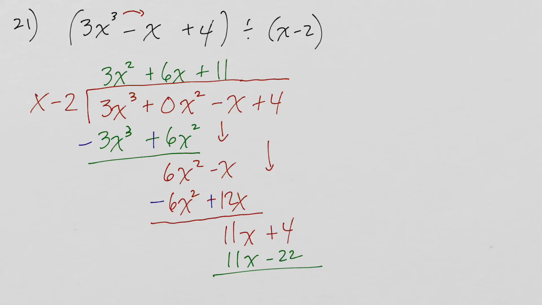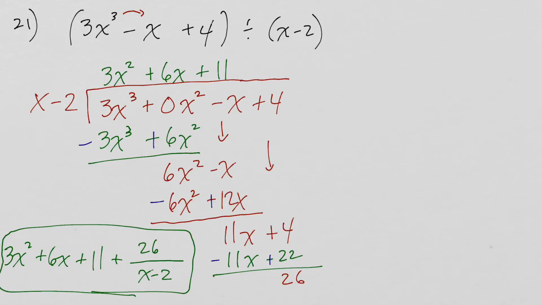And because of the negative, I'm going to flip the sign of the bottom row and add instead of subtracting, and I'll get a 26. So I'm going to squeeze in my final answer here in the bottom left. My final answer is 3x squared plus 6x plus 11. It's a positive 26, so I put a plus, and I put 26 over x minus 2.